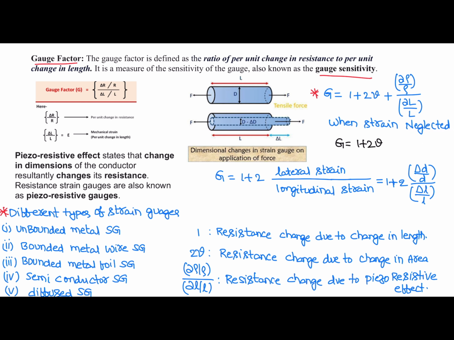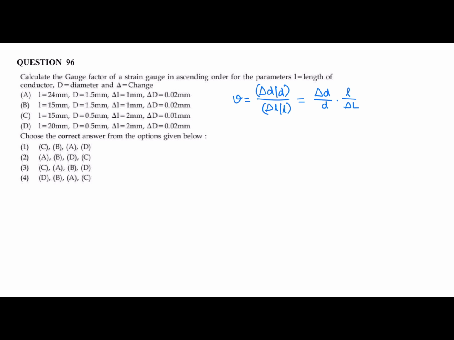That is 1 plus 2 times lateral strain by longitudinal strain, 1 plus 2 delta D by D by delta L by L. So gauge factor is directly proportional to nu. Now nu is delta D by D divided by delta L by L.